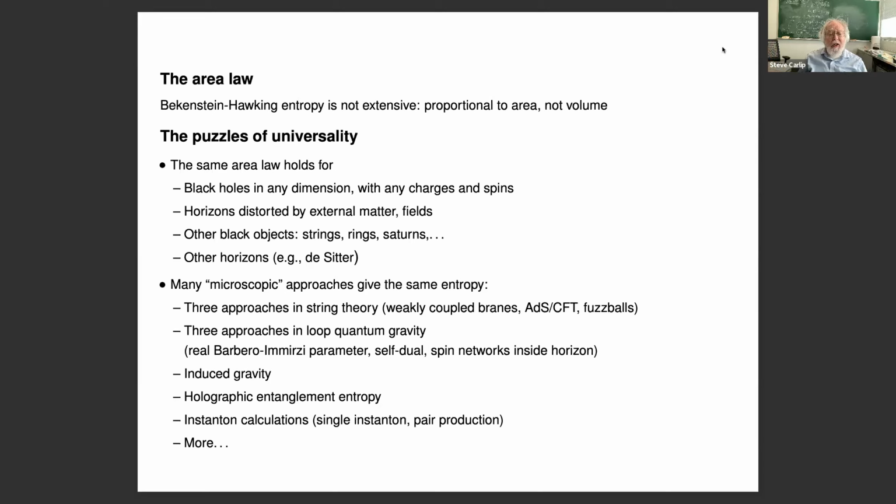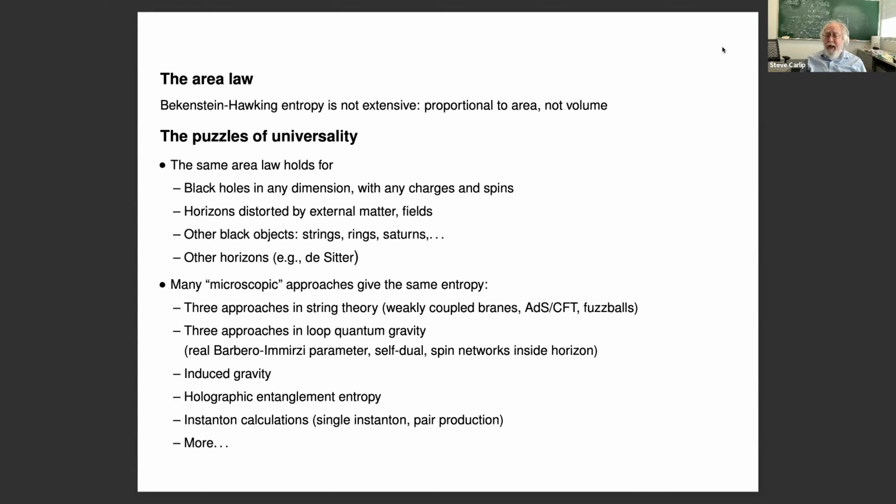The third puzzle has to do with the attempts in quantum gravity to actually explain entropy in terms of microscopic degrees of freedom. Now, we don't have a complete quantum theory of gravity, but what we have is a number of interesting research programs that might lead towards a quantum theory of gravity.